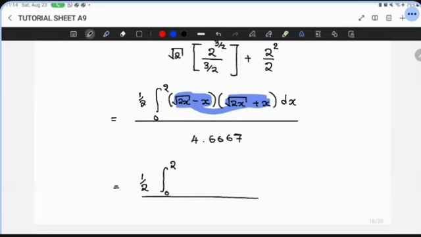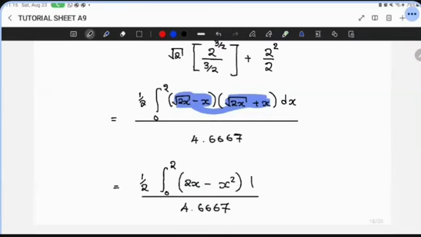Squared minus x squared. Yes, nice. That's a difference of 2 squared. So I can view this as root of 2x squared, which will just be 2x, minus x squared.